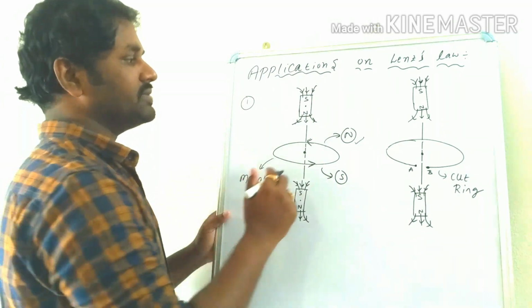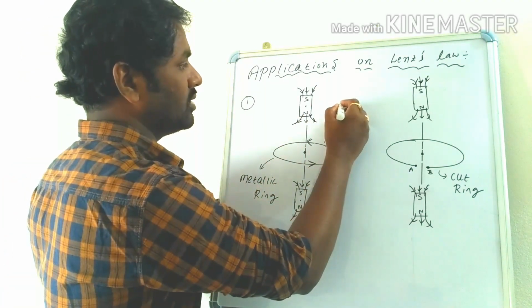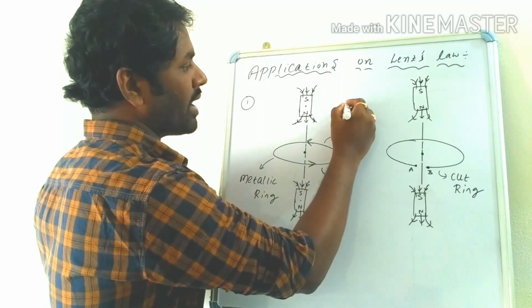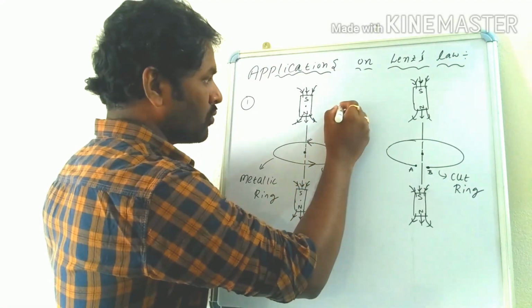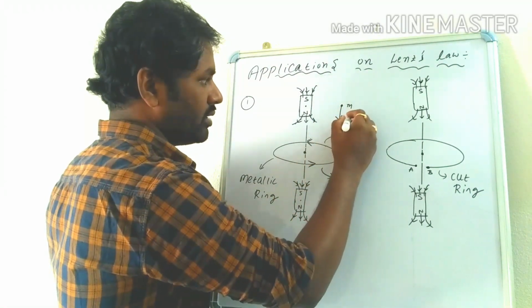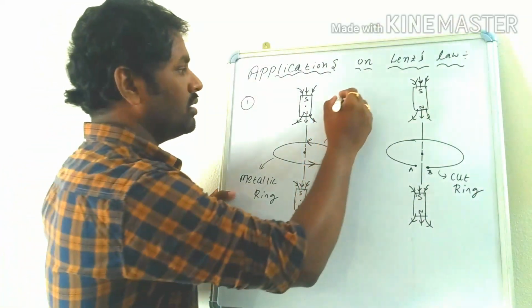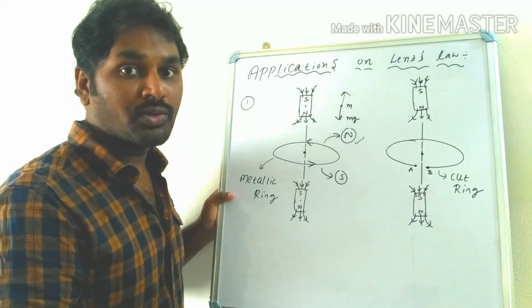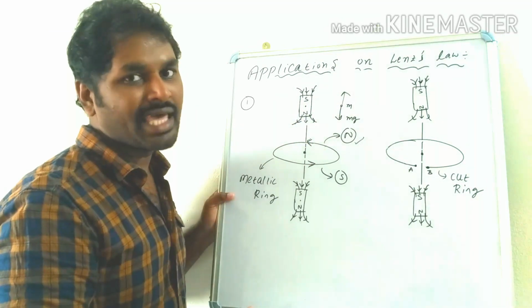So on this magnet, let us take the forces. For example, the mass of the magnet is m. In the downward direction, there will be a gravitational force mg. In the opposite direction, there exists an opposition force due to repulsion between the same polarities.